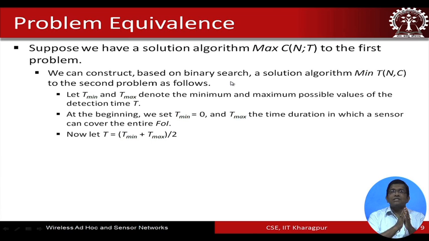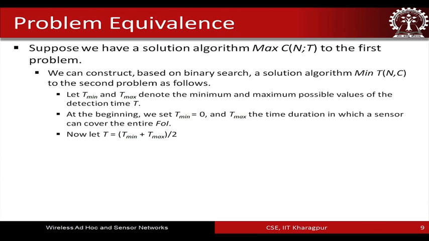So, a binary search kind of approach can be followed like this. Capital T is the entire duration of detection. So, at one end we have T min, at the other end we have T max. This entire period from T min to T max can be partitioned and you get the midpoint, let us say. So, you reduce the search space to half of it, and then continue your search recursively as you do in binary search.